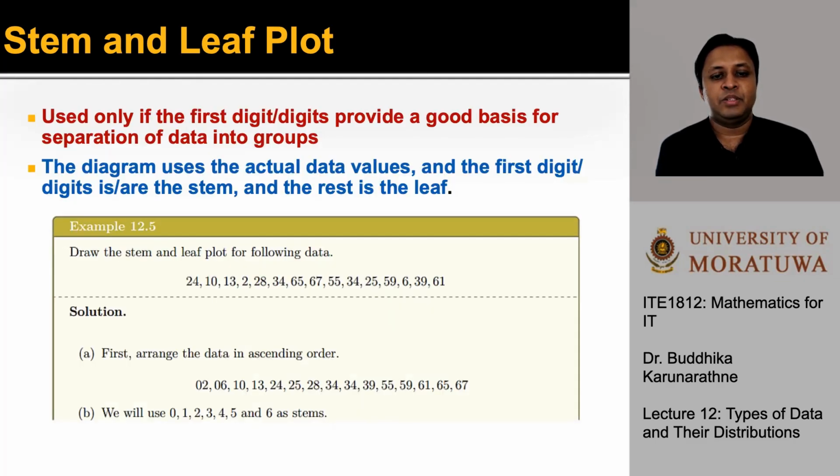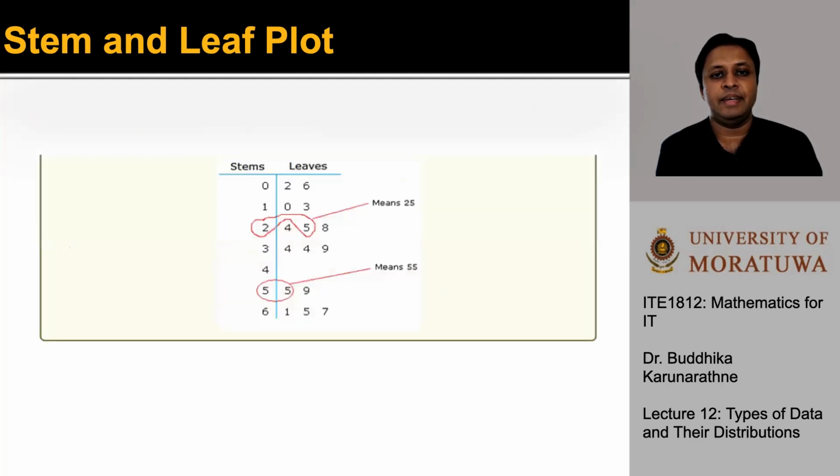And when the stem is 2, you have 24, 25, and 28, which means the leaves would be 4, 5, and 8. So this is how you draw the stem and leaf plot.